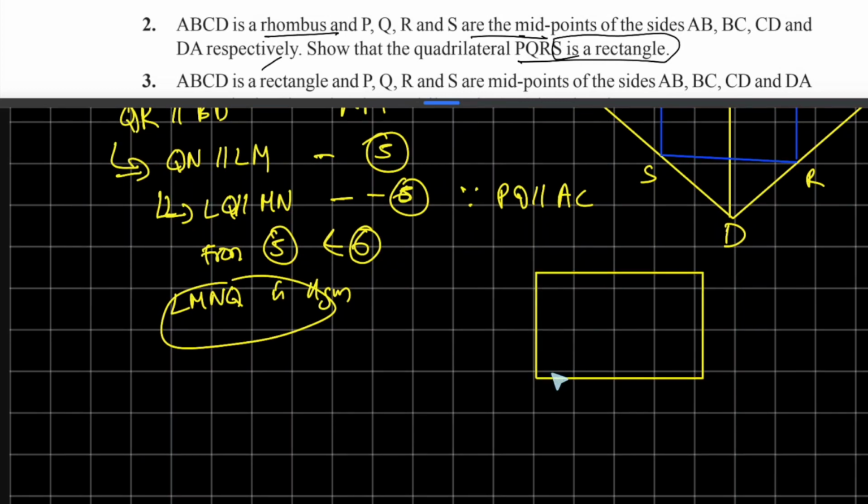If in a parallelogram one angle is 90 degrees, then the opposite angle is also 90 degrees, because opposite angles are equal in a parallelogram. If one is 90, all will be 90 each, and this is a property of a rectangle, and hence we have proved it. If you have any doubt, just replay the video. Thank you.